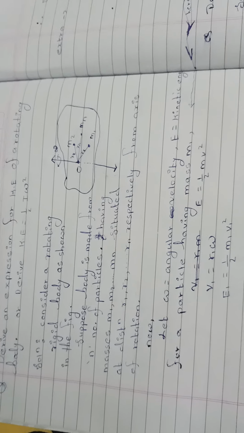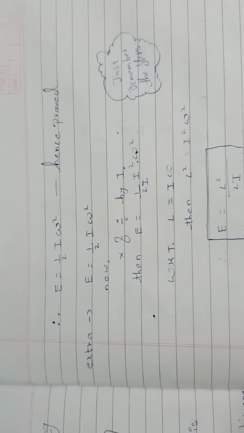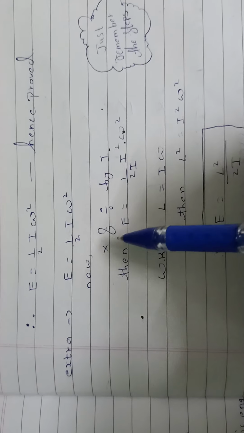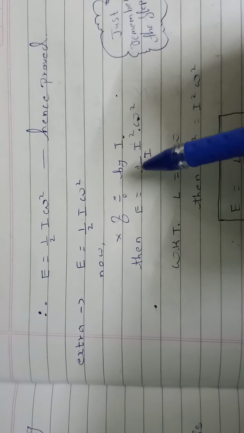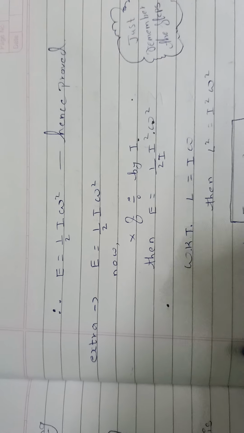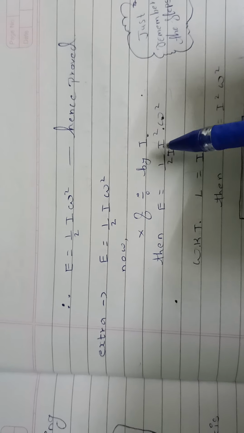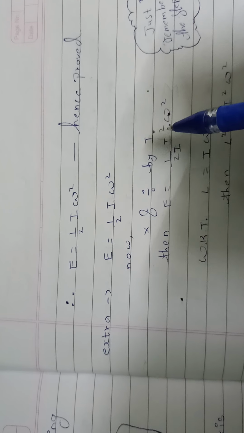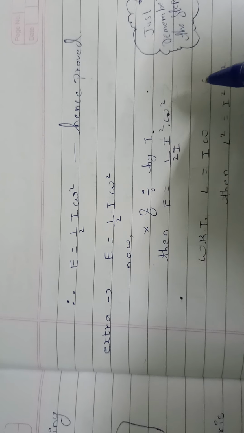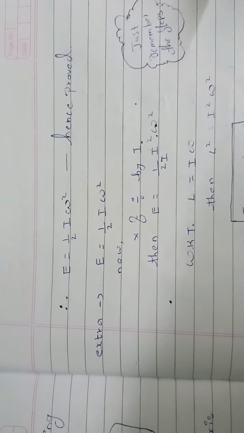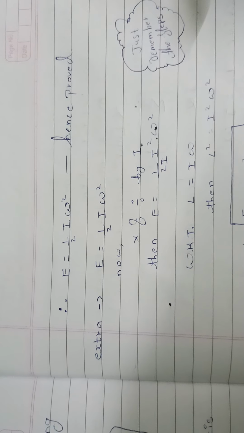Now I'm going to tell the extra thing, which is we are going to multiply and divide by I. Then kinetic energy E comes to be I square omega square upon 2I, and we know that L is equal to I omega.